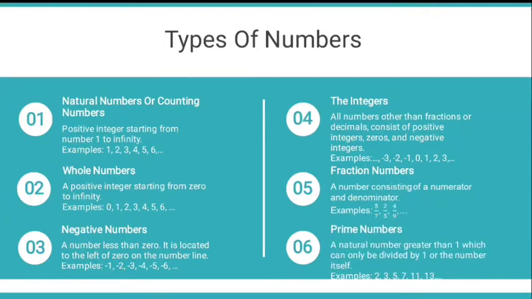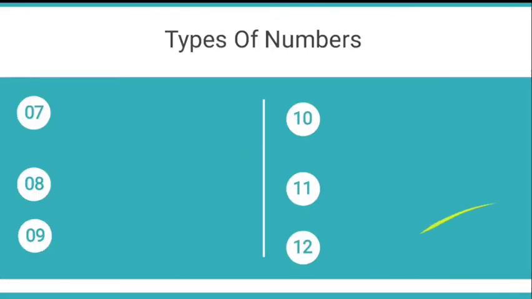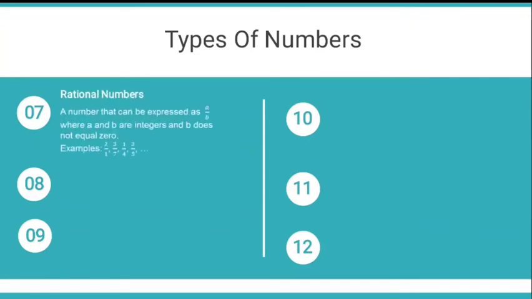Prime numbers. Prime numbers are natural numbers greater than 1 which can only be divided by 1 or the number itself. Examples: 2, 3, 5, 7, 11, 13. Rational numbers.